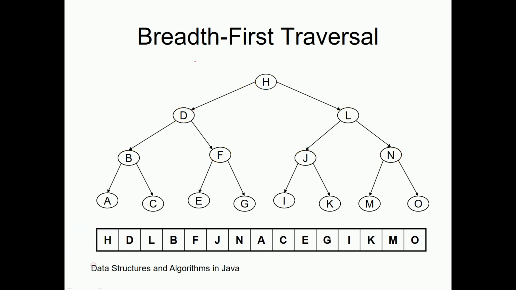That's why this is the breadth first, and what I was explaining is something else. So when we would like to do this, check this one, then the D and L, then after that B, F, J, N, and then we have A, C, E, G, I, K, M, and O. So basically the breadth first, you're just looking for the levels.